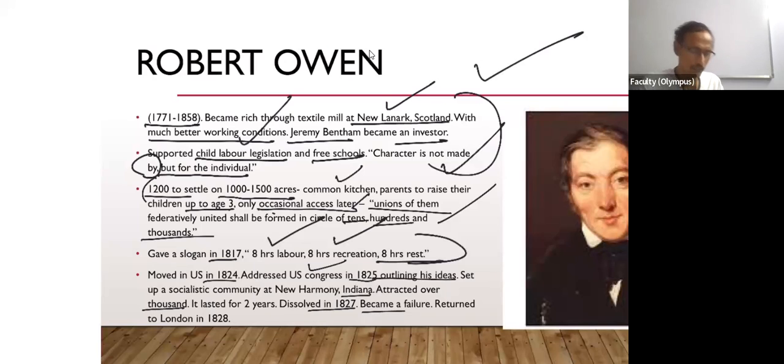And anyway, all these people are influenced by the French Revolution. Okay, Saint-Simon, Owen, and of course Marx and Engels, because their argument was the French Revolution's ideals were good, but somewhere it took a violent turn, and it turned out to be a disaster.